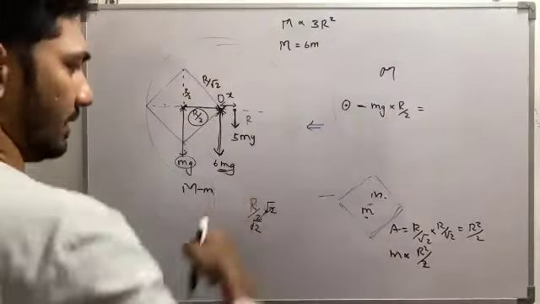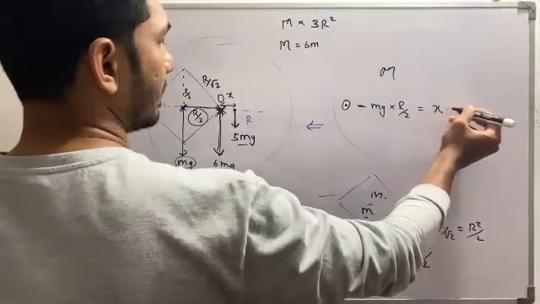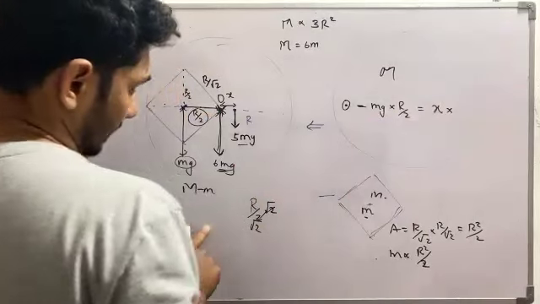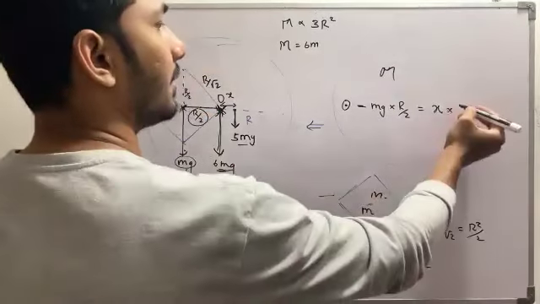The moment due to this 5mg. So let's say the distance is x into x into what?